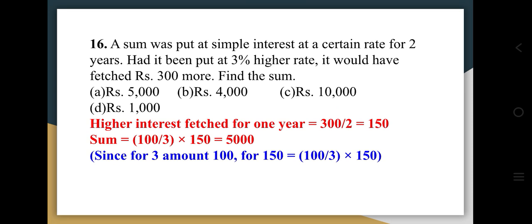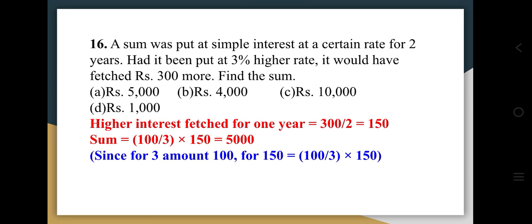3% higher rate. So 3% higher means if the higher interest is 3 for 1 year, then the amount invested is 100. So 3 corresponds to 100.